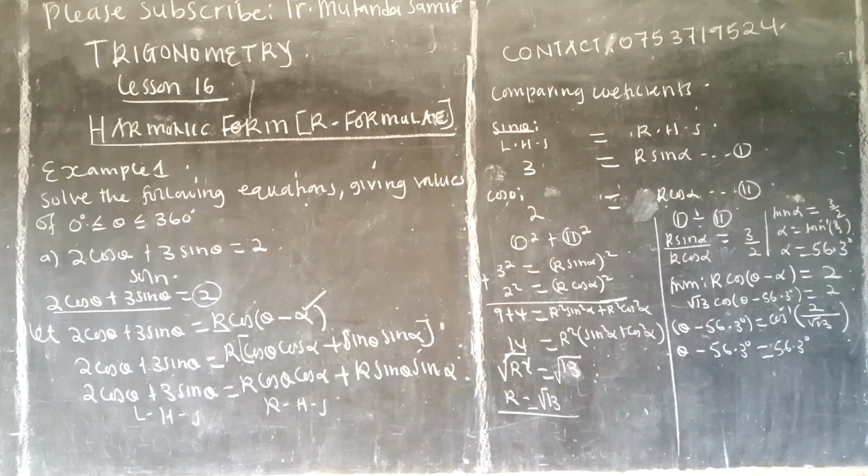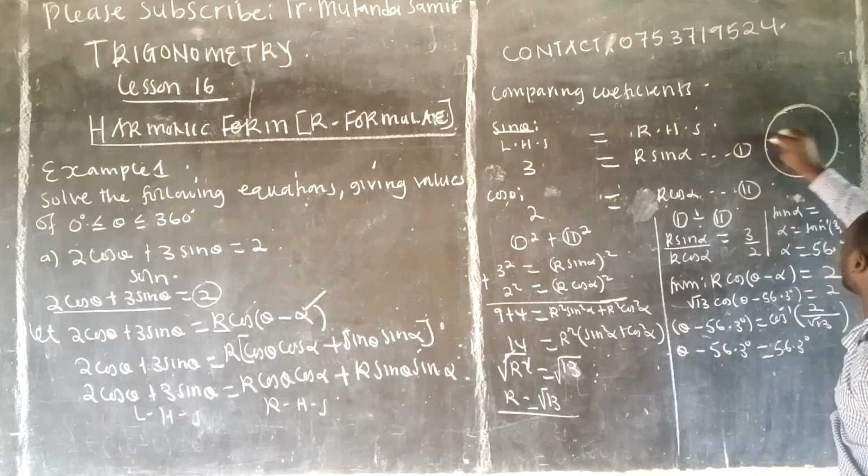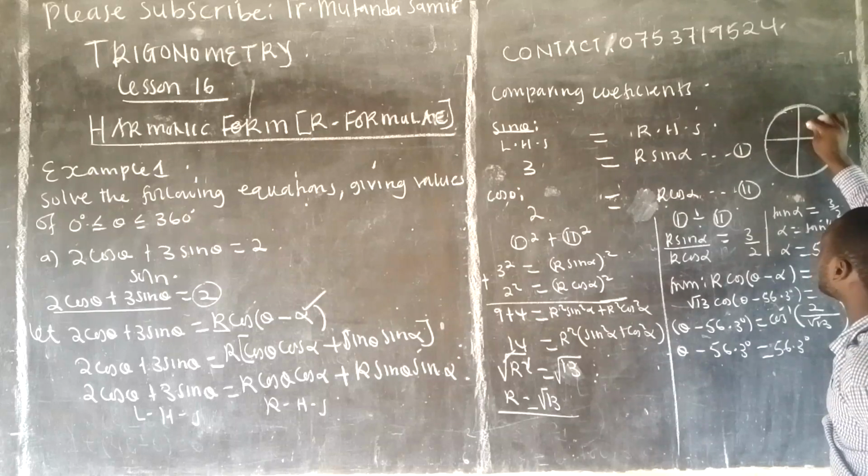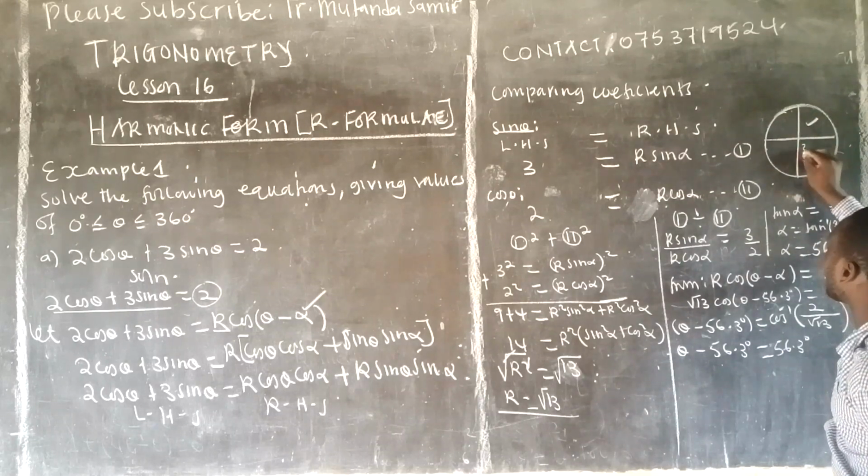But here, we must now come and obey the quadrants. This was positive. Therefore, we must obey the quadrants. And from our quadrants, we all know that, since we are moving from 0 to 360, cos is positive here and there. In this area, I have 360 minus theta. Here we have theta itself.